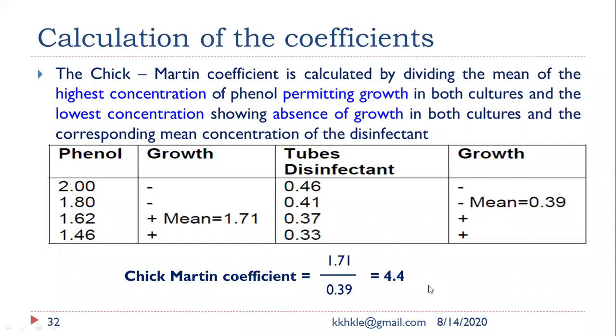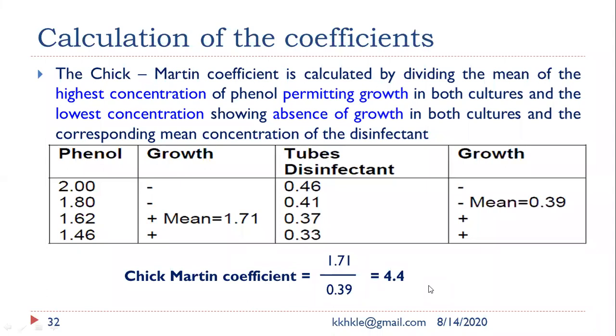Now for the calculation purpose, in case of the Riedel coefficient, what we used to do is take only the concentration which is showing the activity, but not in the different timing. Here we are fixing the time, that is the 30 minutes. So to avoid any complications, we take the mean of two concentrations: the lowest concentration which is not showing the growth, and the highest concentration which is showing the growth.